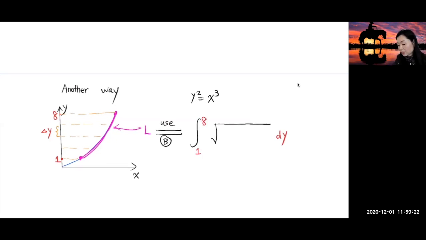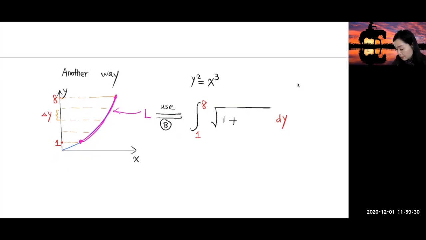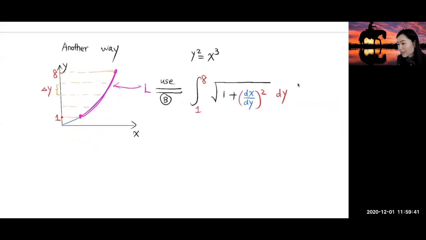What should I put into this square root? 1 plus what? dx/dy squared, right? So now you try to find dx/dy. How do you find dx/dy?